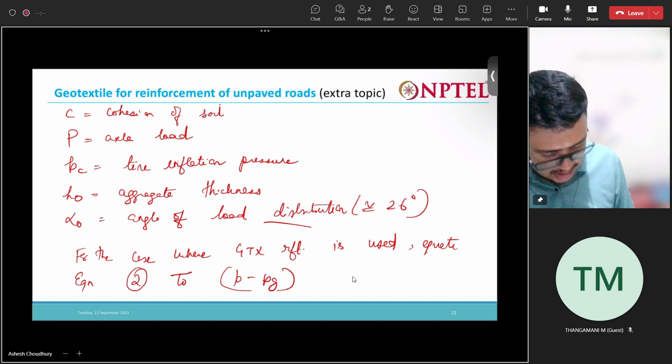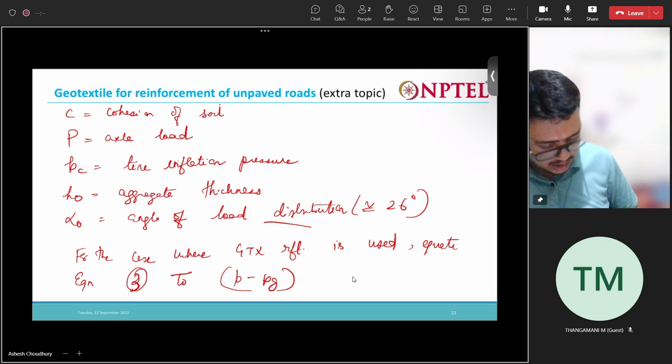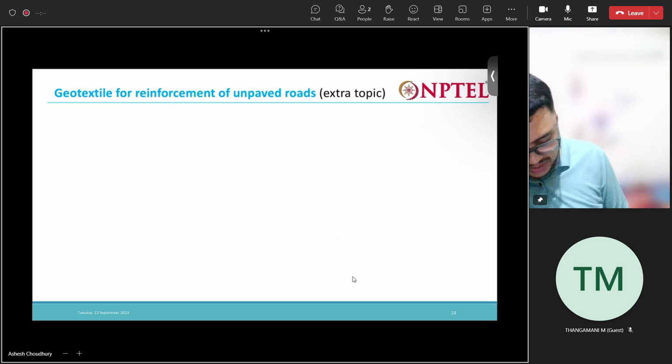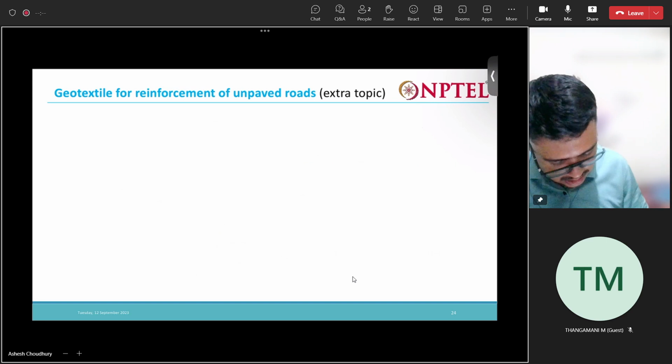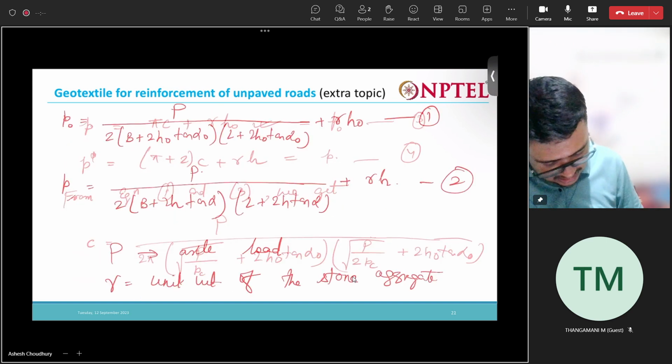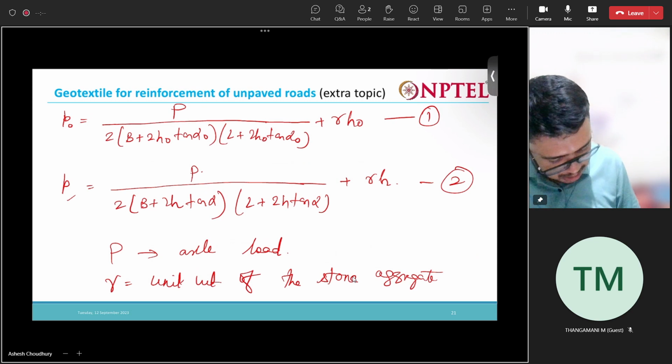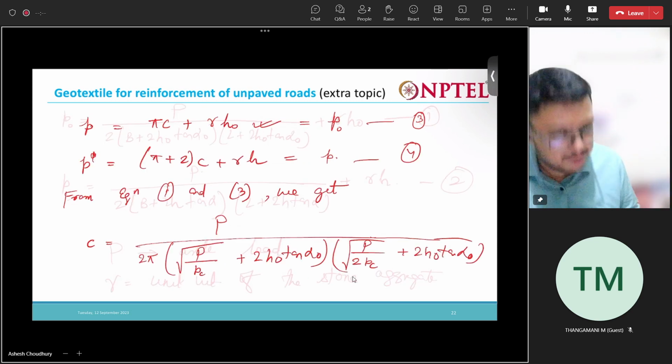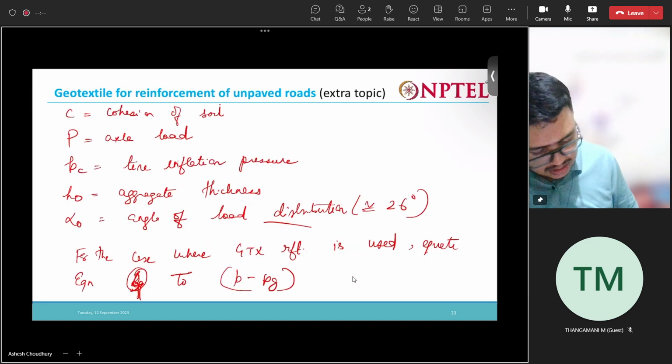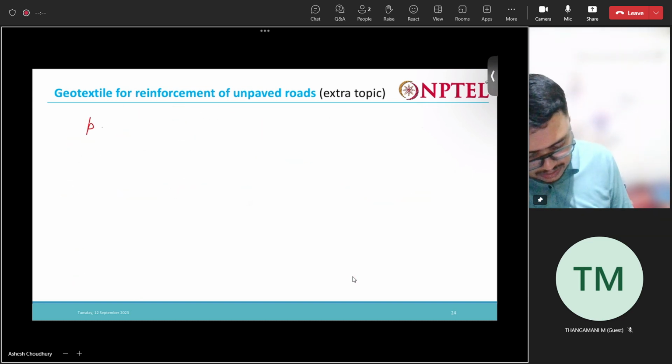Means equation 3 to P, not equation 4 to P minus. I will show you. From equation 2, this was P. So P minus Pg, I will tell you what Pg is, is to be equated with equation 4. And what was equation 4? Pi plus 2c plus gamma into h.